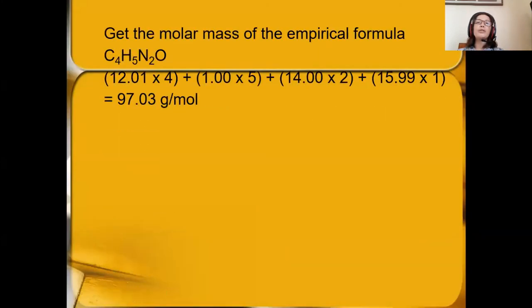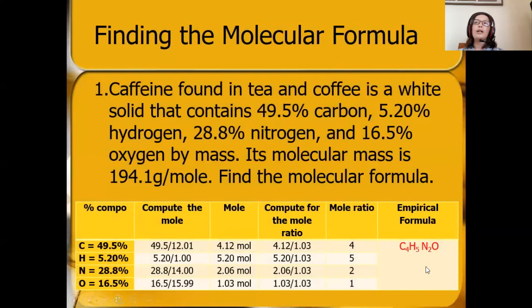So to continue, how are we going to get the EFU, or the empirical formula unit? This time, we need to get first the empirical formula mass. A while ago, the empirical formula that was computed is C4H5N2O.